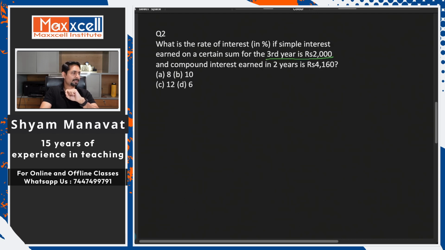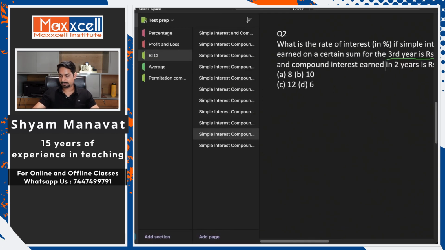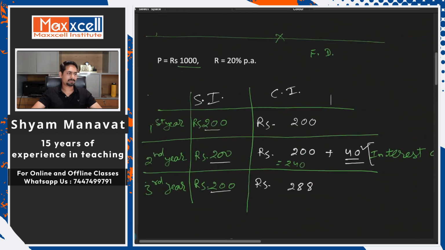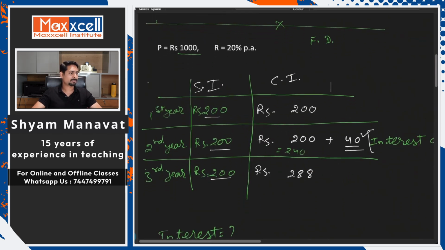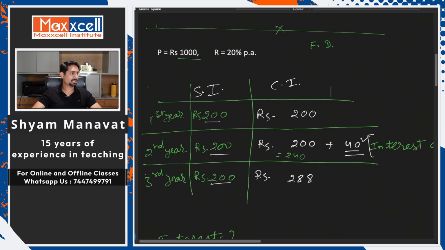Now let me apply some shortcut here for you to understand, but before that I will give you a reference to this table. It's a very important table, and I will keep on giving the reference, so please make sure that you go through this table.